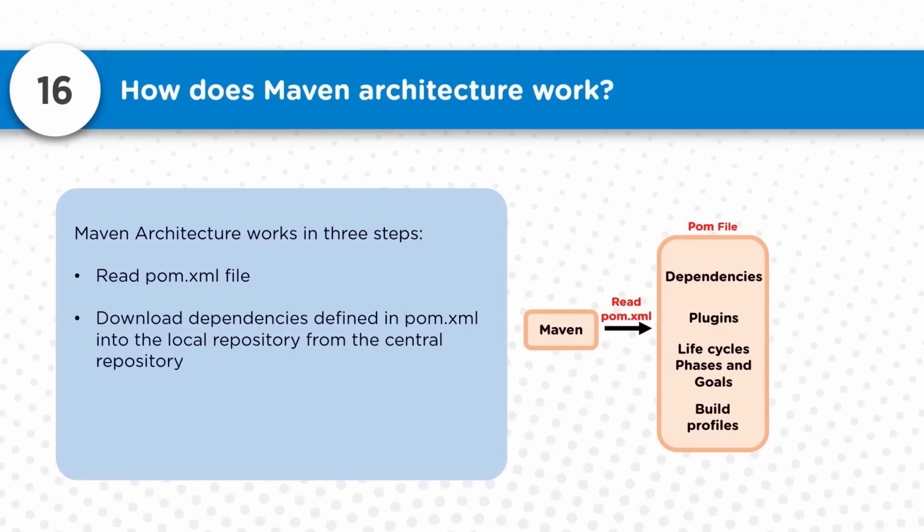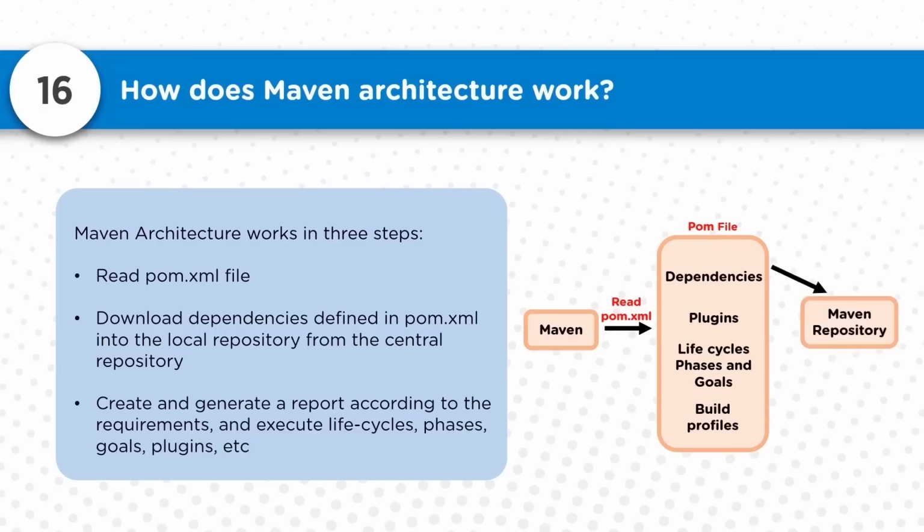Once that is done, it will generate the reports according to the life cycles which you have configured, whether it's clean, install, site, deploy, package, or whatever life cycle you want to trigger. You will be triggering that particular life cycle, and corresponding to that the build or a specific task will be performed.